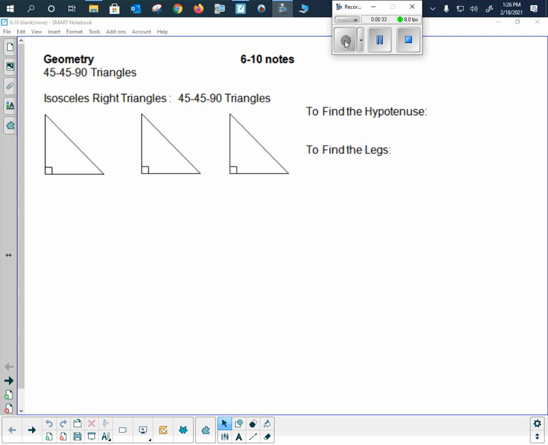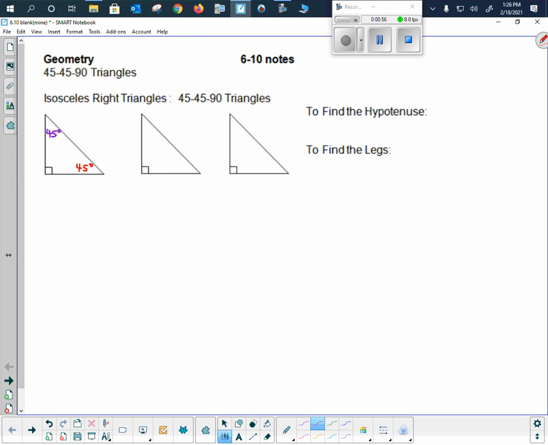So the first possibility is that in the problem, they may just give you this. And I hope the first thing you always instinctively do is find the other angle, right? If you take 180, since the angles add up to 180, subtract the 90-degree angle and the 45, you'll notice this one's 45. That's why it's called 45, 45, 90.